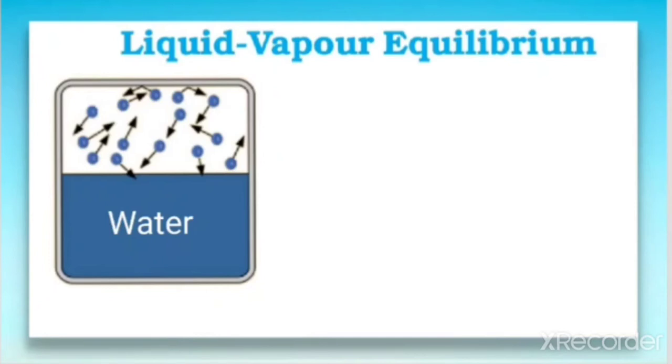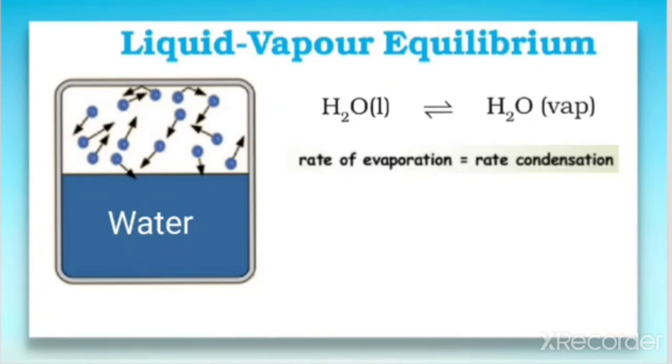At this stage we can say that the water in the liquid state is in equilibrium with the water in the vapor state. This happens because the rate of vaporization is equal to the rate of condensation.